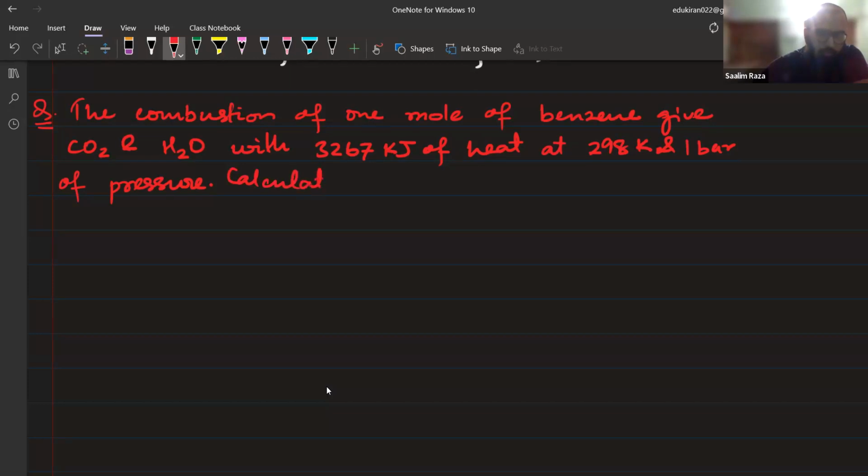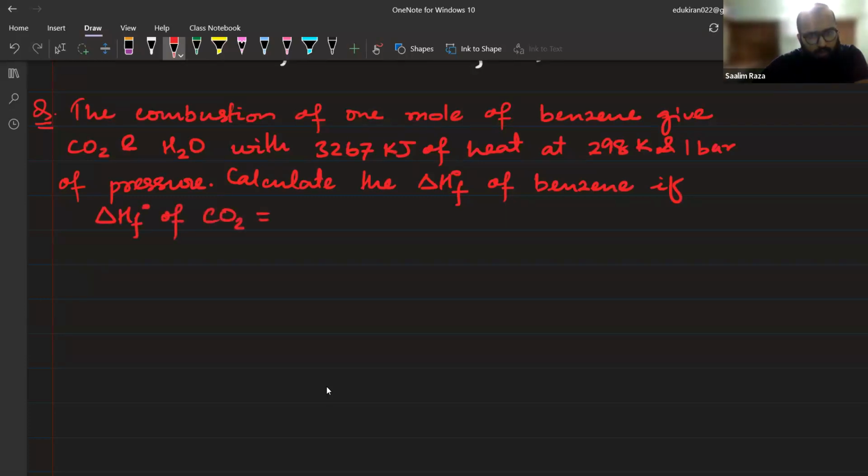Calculate the enthalpy of formation delta HF naught of benzene if delta HF naught of CO2 is equal to minus 393.5 kilojoule per mole and delta HF naught of H2O is equal to minus 286 kilojoule per mole.